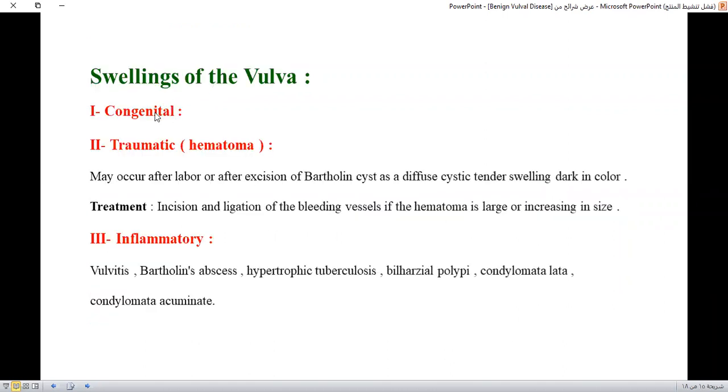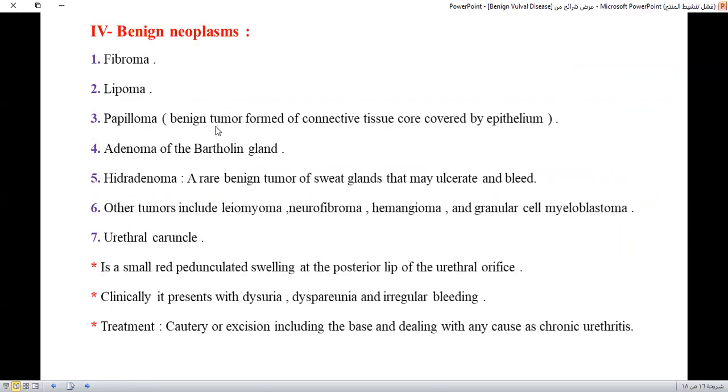Traumatic hematoma is usually after labor or excision of the Bartholin cyst, and this needs incision and ligation of a blood vessel. Inflammatory like Bartholin abscess, vulvitis, and other. Benign neoplasm like fibroma, lipoma, papilloma, adenoma of the Bartholin gland, hydroadenoma, and other tumor. And the last one is urethral caruncle.